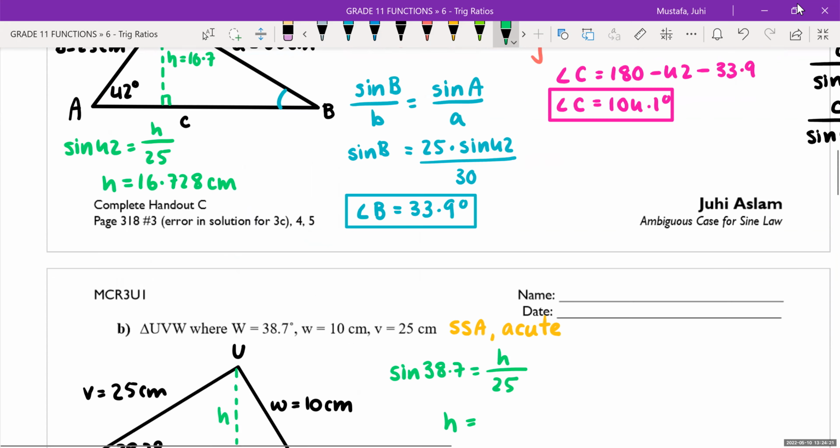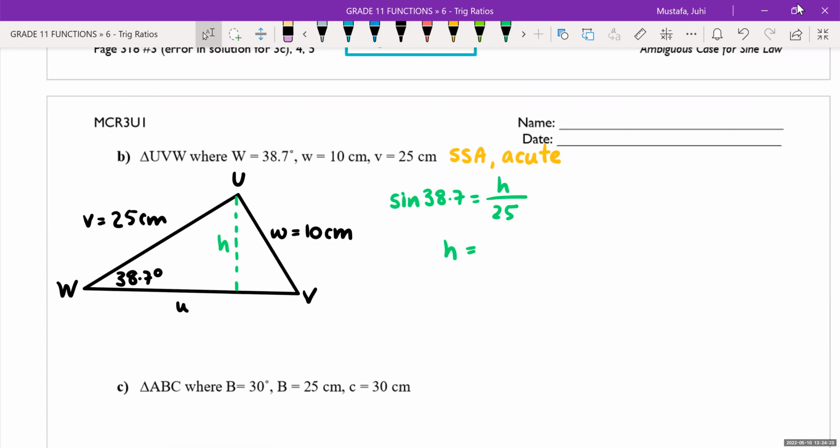And so h is just going to be sine 38.7 times 25, which is going to be 15.631 centimeters. Sorry, not 361. 631 centimeters.